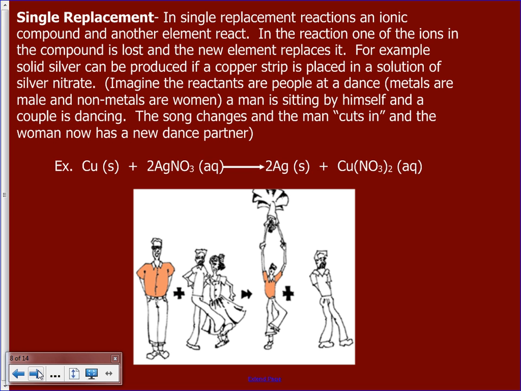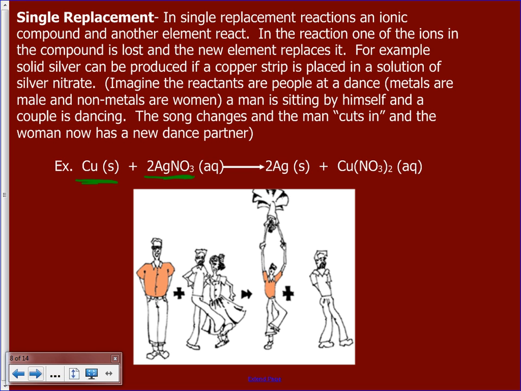So in this case here, we have a single replacement reaction. It's called a single replacement reaction because one of the elements is single. It does not have a partner. This is a compound. This is a metal and essentially a non-metal. That's a couple. Everybody follow me there? All right, so what happens in a single replacement reaction is this.